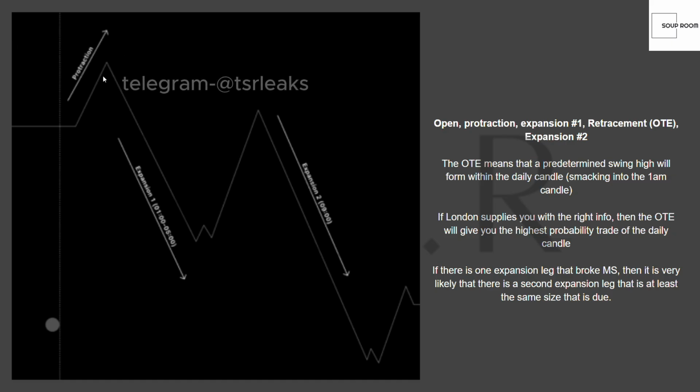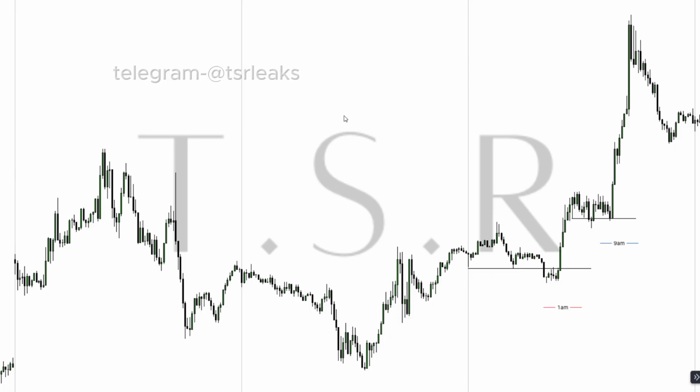This means that if market structure has been broken and we have the OTE, then the expansion leg that the OTE will produce will be at minimum the same size of expansion leg number 1. Taking a look at an example here.